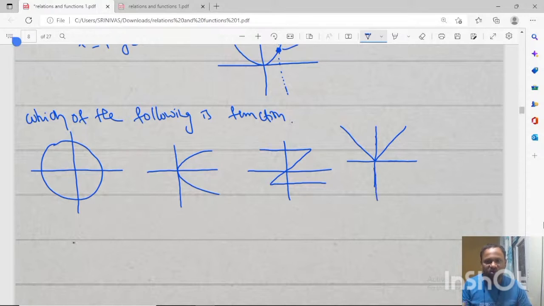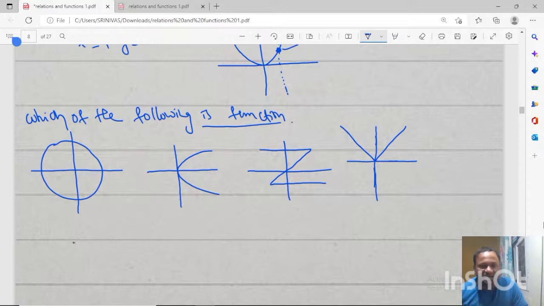So I have drawn 4 diagrams. Among these 4 diagrams, which is a function? You have to say A, B, C, D. 4 options are there. Which one is a function? You can check. Either A or B or C or D. Anybody can guess. Very simple.